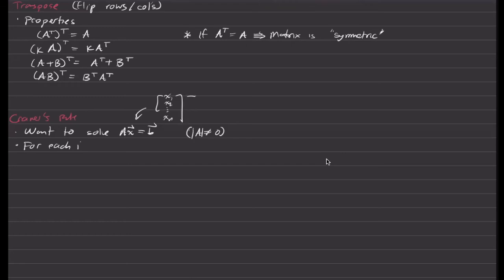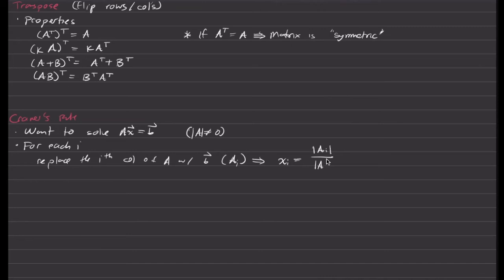So for each Xi, replace the ith column of A with B, and we're going to call this A sub i. The corresponding entry in your solution vector, x sub i, is going to be the determinant of your new matrix A sub i over the determinant of A.